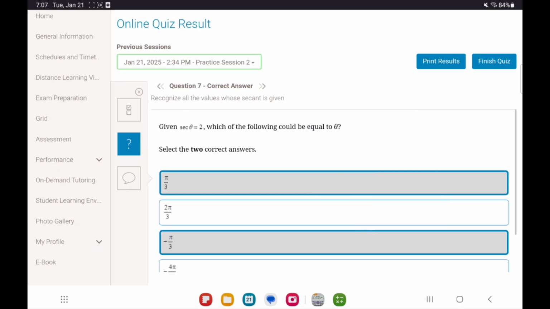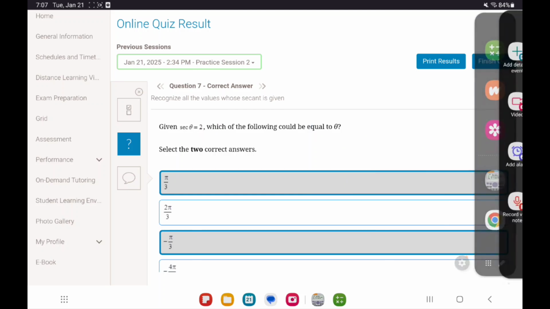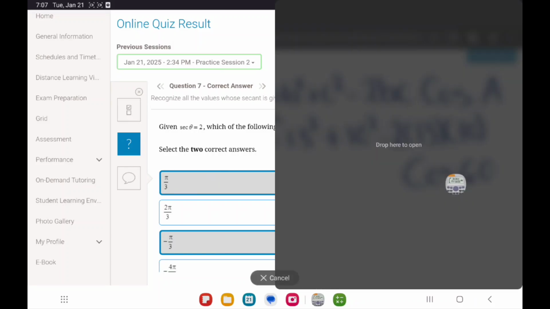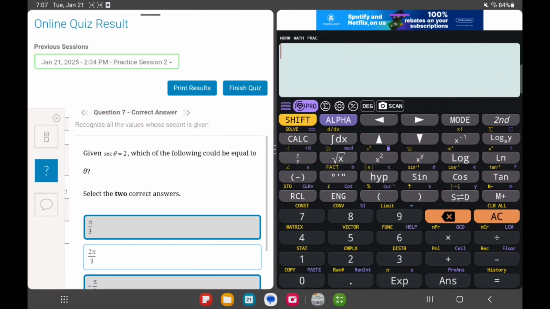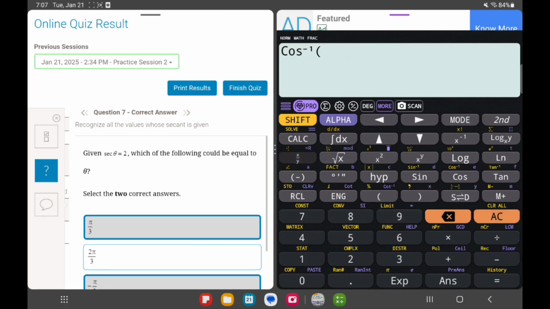So let's go on our calculator. Shift cosine 1 over 2 is 60. We don't need you anymore.